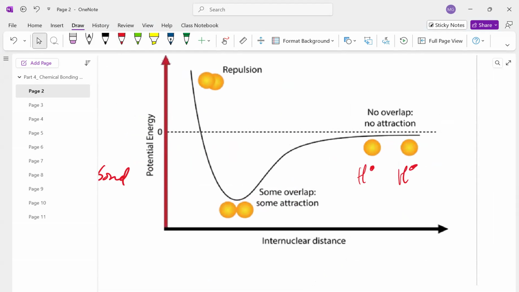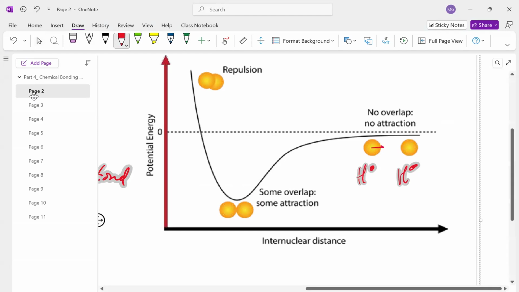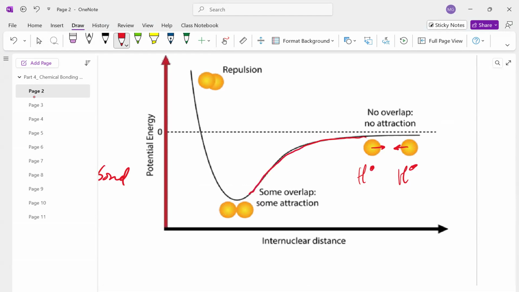Now, as they get closer and closer together, notice this hill here. Eventually, they get to a point where they're at their lowest energy by taking these two electrons and sharing them together to make a bond.